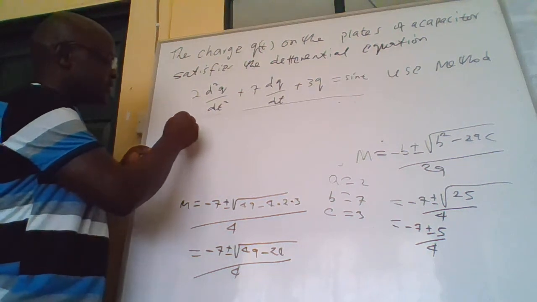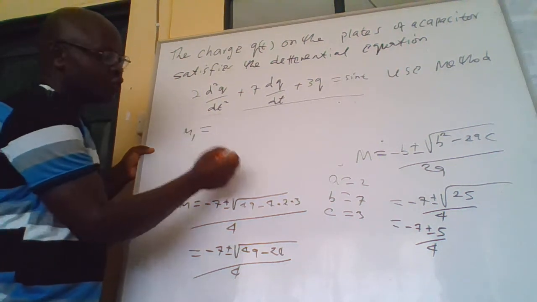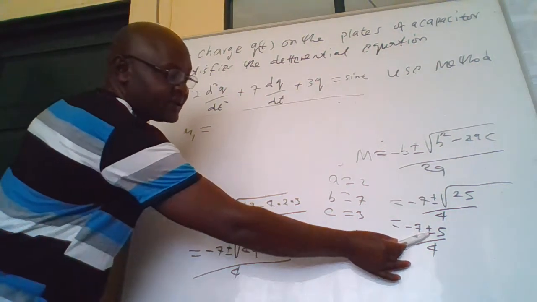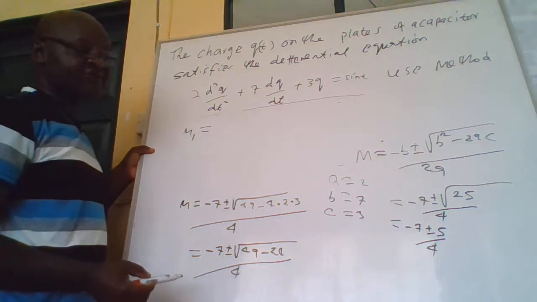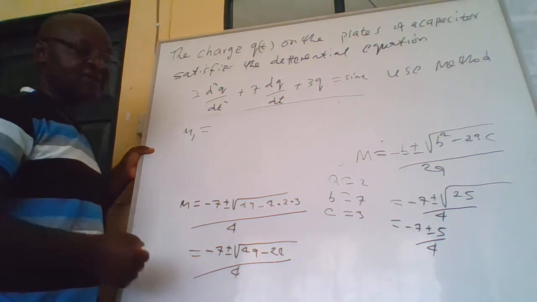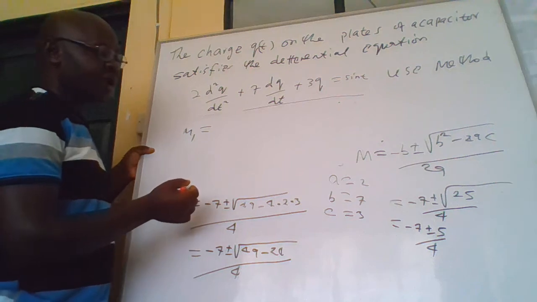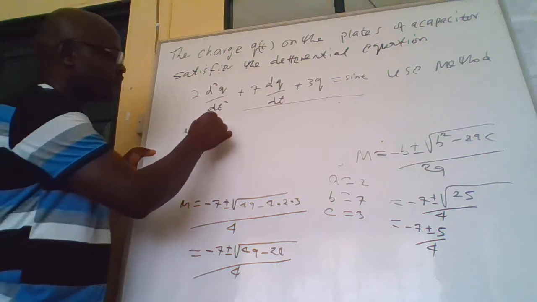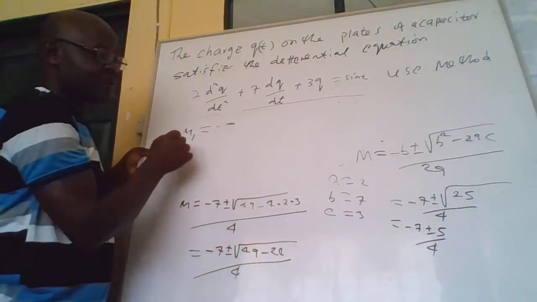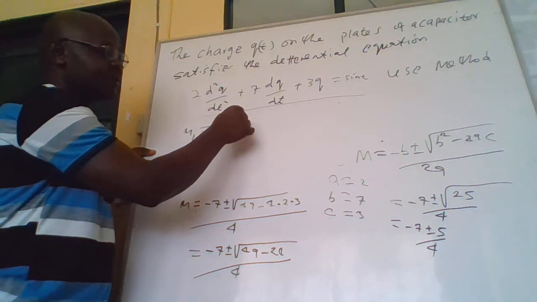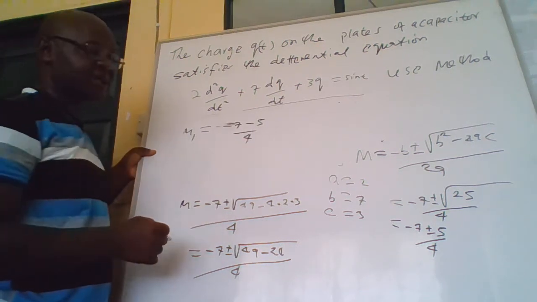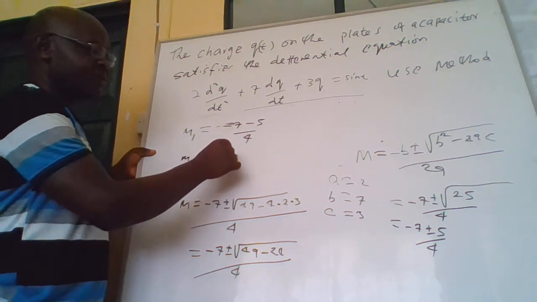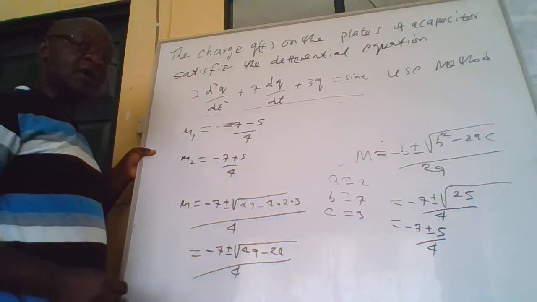M1 will be equal to (-7 - 5) / 4, and M2 will be equal to (-7 + 5) / 4.